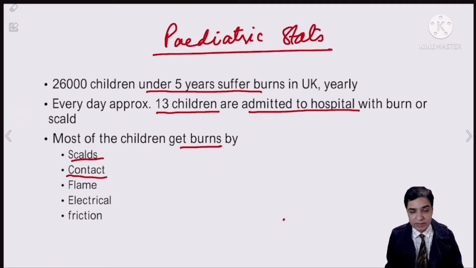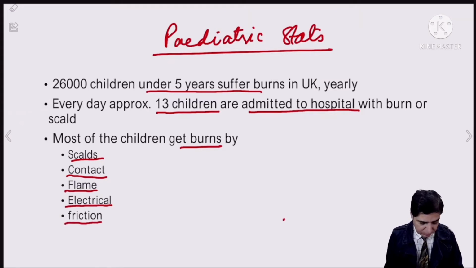So a child coming in contact with a hot object, like putting their hands on a barbecue grill, or accidentally touching a hot oven hob, or again accidentally touching something which is very, very hot, like hair straighteners. It could also be because of flame, like people who are doing barbecues and suddenly a flame bursts or something can burn them. Similarly, electrical burns, usually in children, happen if the children are biting onto electrical cords, and they can get burns around the face or mouth.